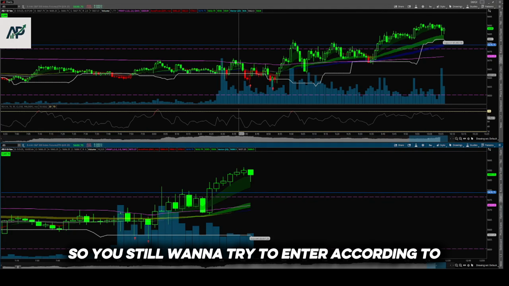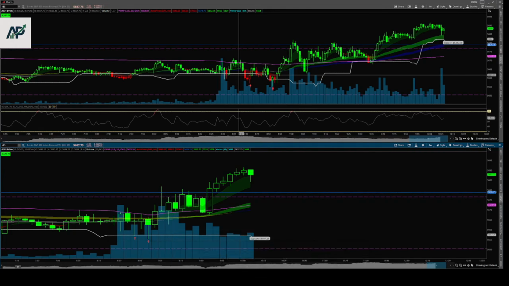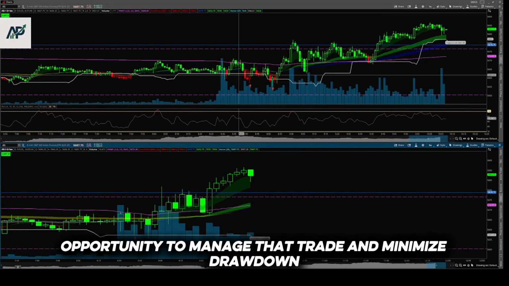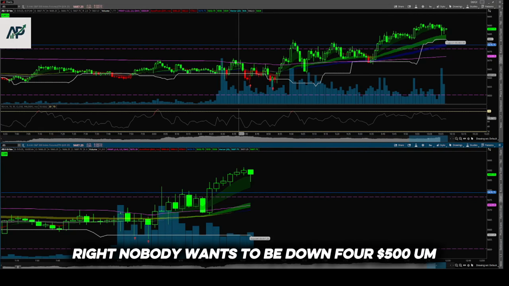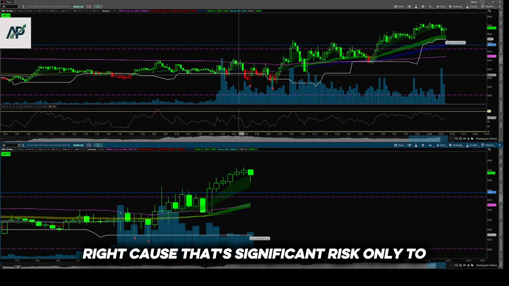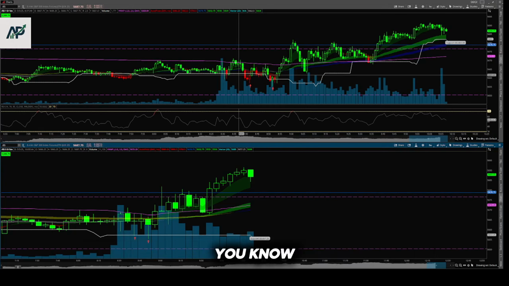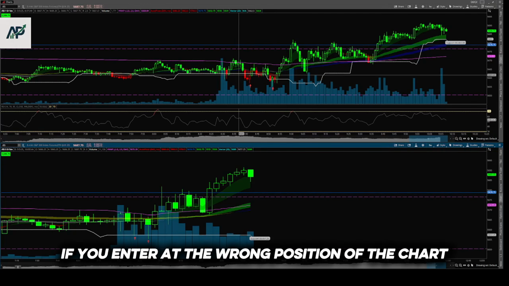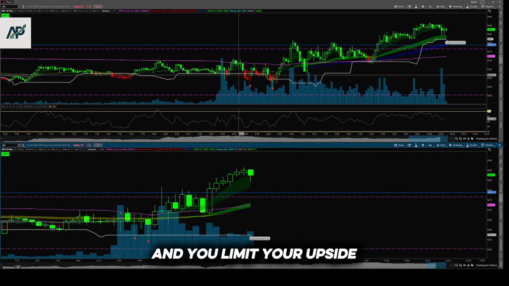So you still want to try to enter according to where the vector lines up to give you the best opportunity to manage that trade and minimize drawdown. Nobody wants to be down $400 or $500, because that's significant risk. If you enter at the wrong position of the chart and you limit your upside, then the risk to reward ratio is significantly smaller.